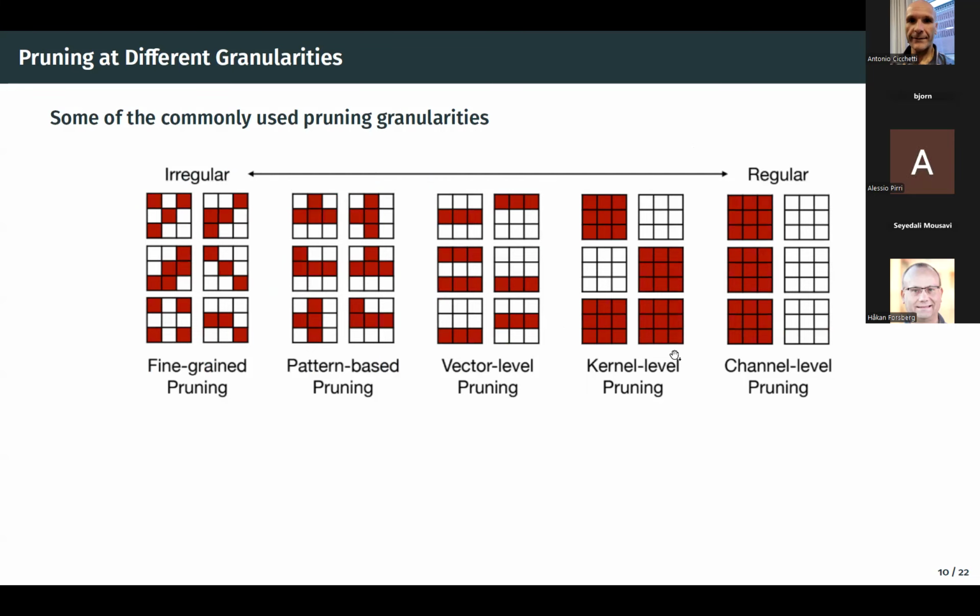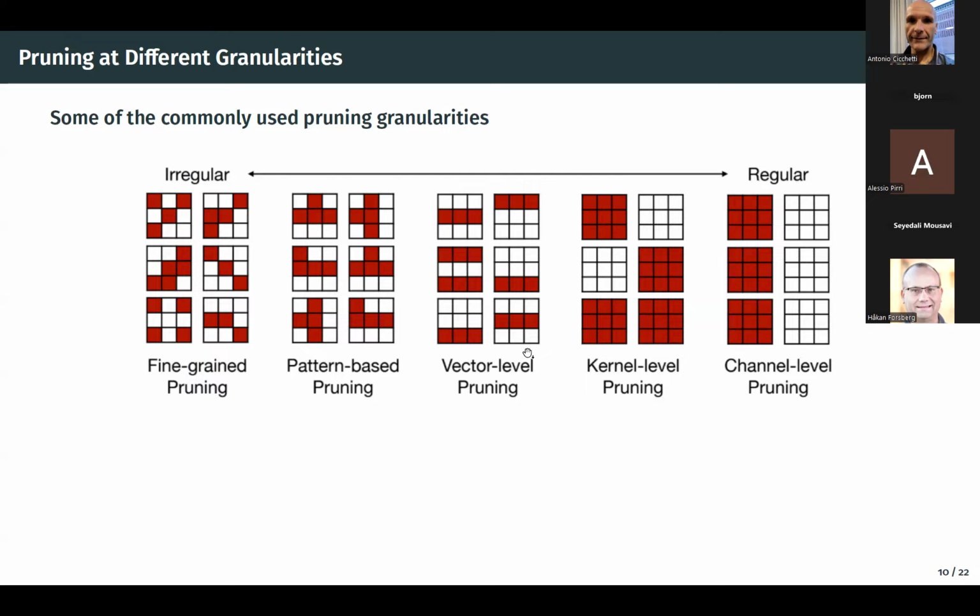So for this, then we have more pruning granularities. In fine-grained pruning, as we said, you use no particular pattern. Then in pattern-based pruning, you can have a certain pattern that is more regular.